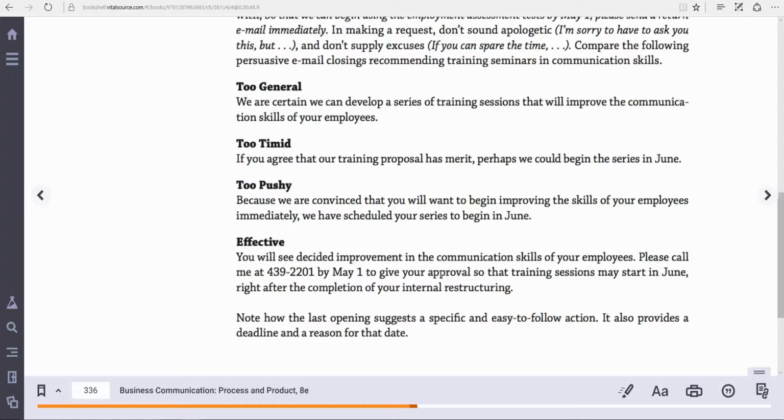It doesn't say "if you approve." You're assuming that they're going to give you their approval, but you give them a deadline, you give them a phone number, and tell them you've got to do it in June, so we have to have it by May 1st. Specific, easy-to-follow action includes a deadline and a reason for the date.